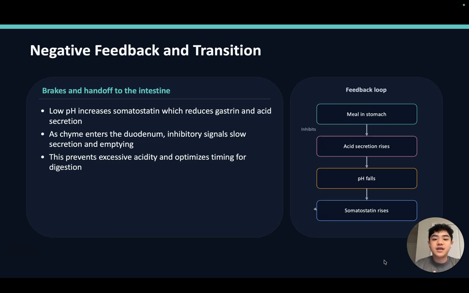The purpose here is protection and pacing. So the small intestine needs time to neutralize acid and process nutrients safely. So the net effect is that gastric emptying slows when the intestine is not ready. This is a great example of organ-to-organ communication, where the intestine can choose the pace and the stomach adjusts accordingly.